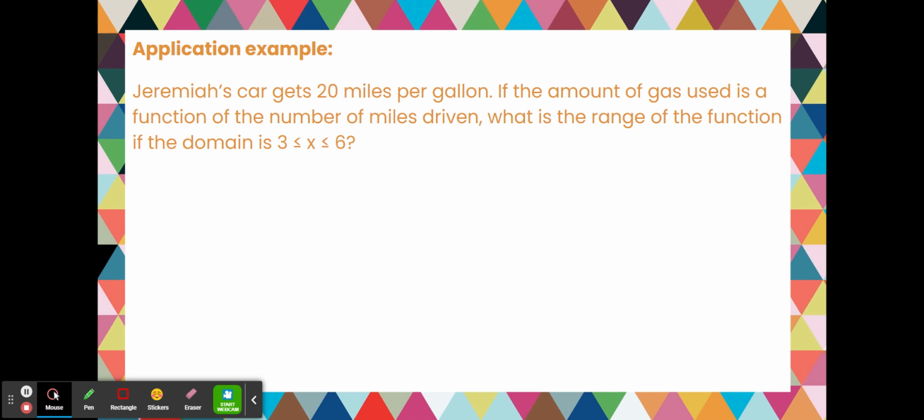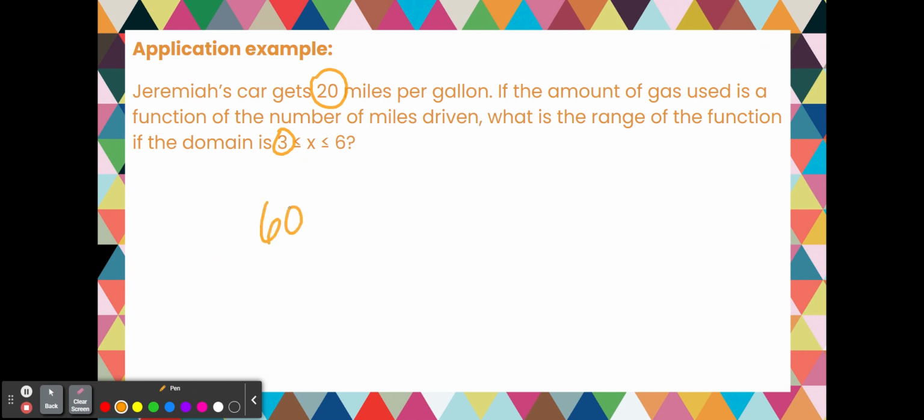Jeremiah's car gets 20 miles per gallon. If the amount of gas used is a function of the number of miles driven, what is the range if the domain is 3 is less than or equal to x, which is less than or equal to 6? Well, if I know my lowest x value is 3 and I get 20 miles to the gallon, well, 20 times 3 is going to be what? 60.